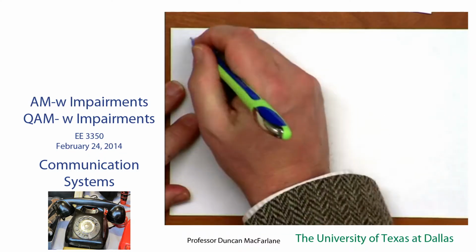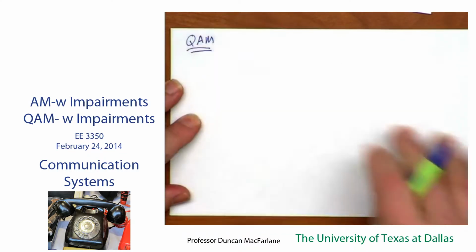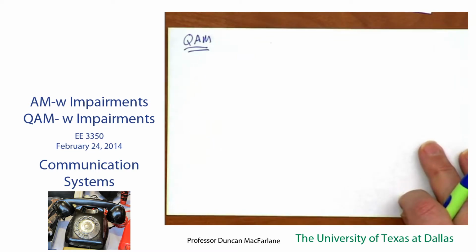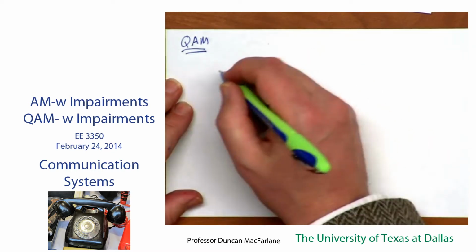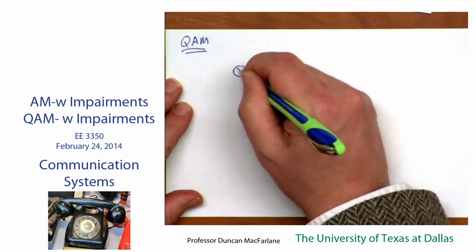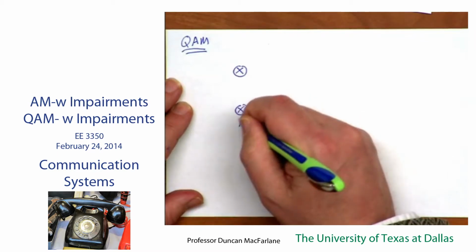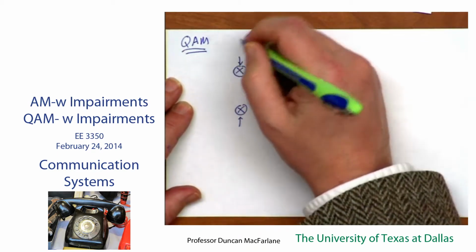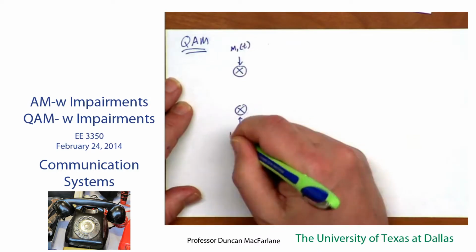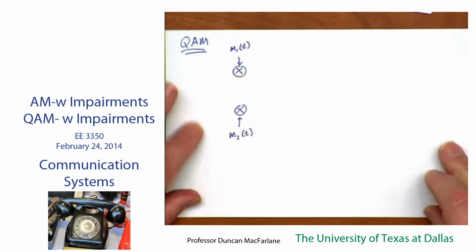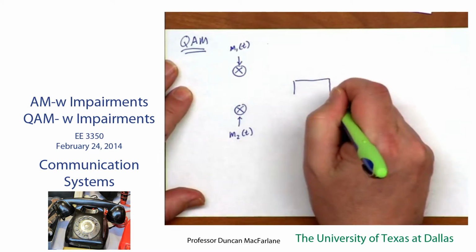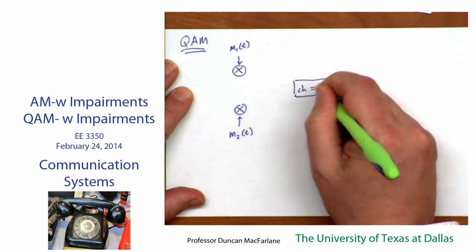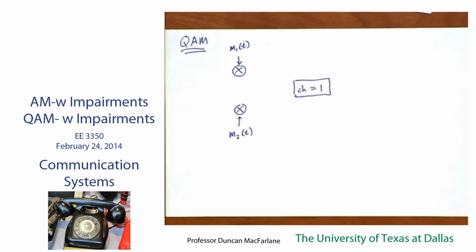I want to go back to the QAM case. Okay? And the transmitter of the QAM case was built so that I could use the same channel to accommodate a message 2 and a message 1.